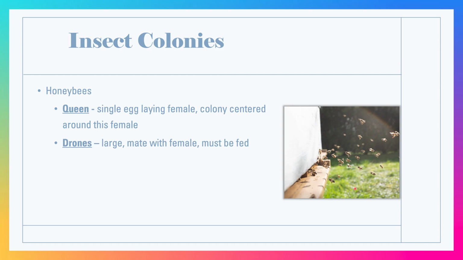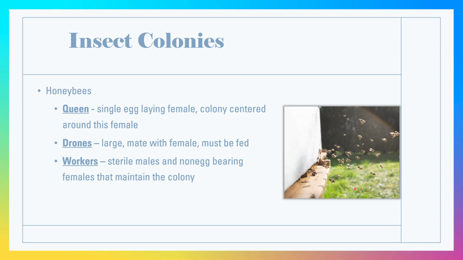Drones are large males that mate with the female, and they cannot take care of themselves. They must be fed, and they are generally fed by the workers. The workers are sterile males and non-egg-bearing females that maintain the colony and produce the food. Ants have different colonies set up, but are in many ways the same.